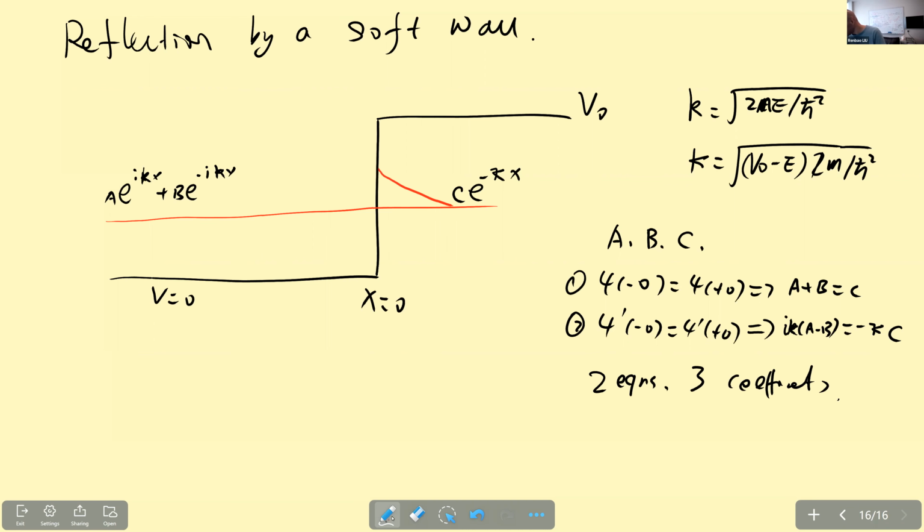So on the right, you got an exponential decay, and on the left it must be something like this one. Inside the barrier there's no oscillation, sorry.